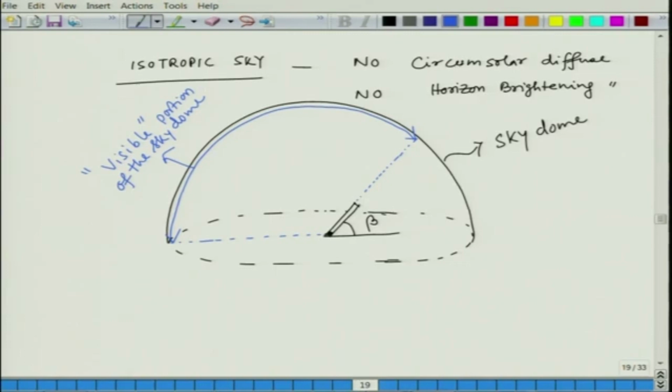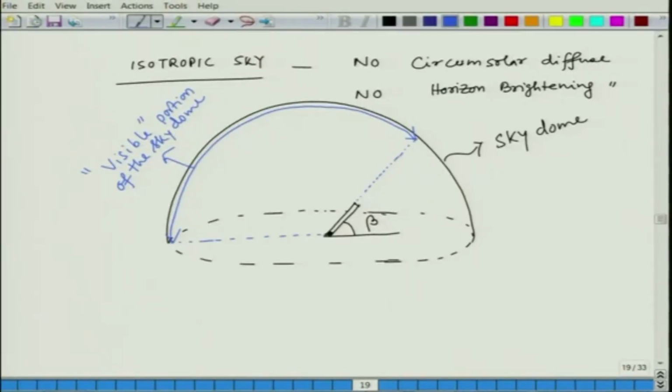And what else does this particular collector see? It sees a portion of the ground, right.